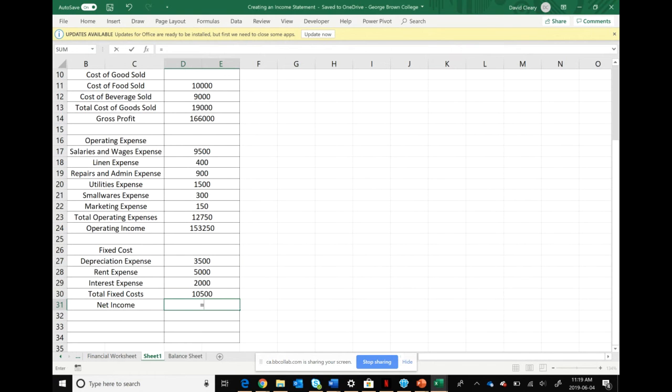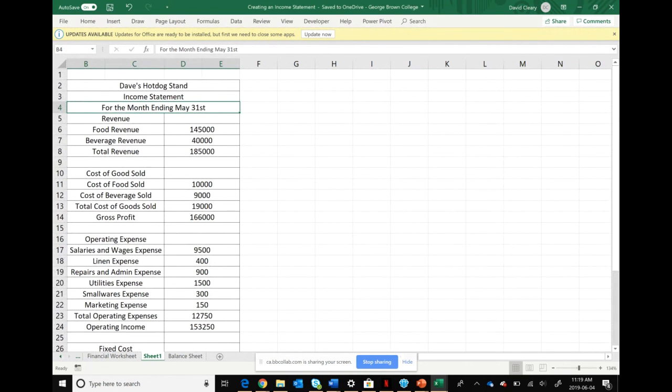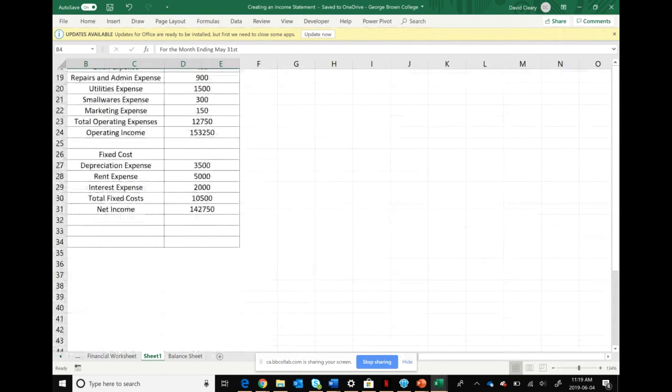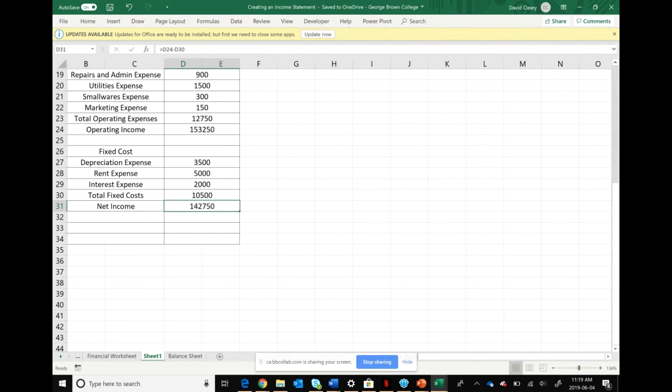So we take our operating income and subtract our total fixed costs. In this case, we have a net income of $142,750. As we mentioned up above, this is for the month ending May 31st. I don't think anybody would be upset at making $142,000 a month.